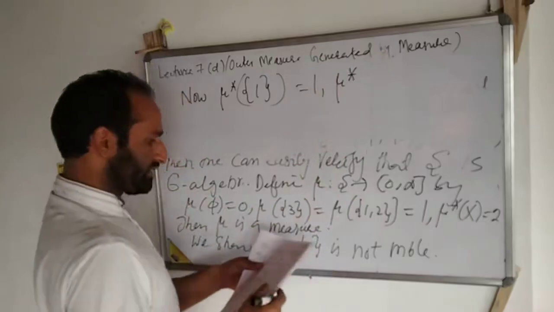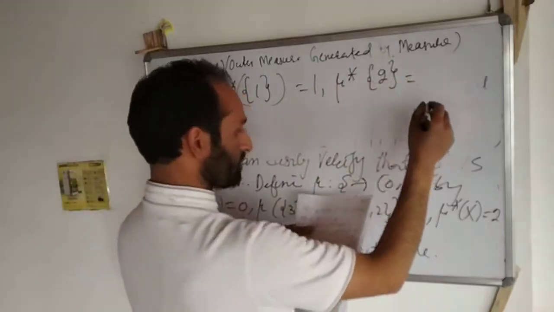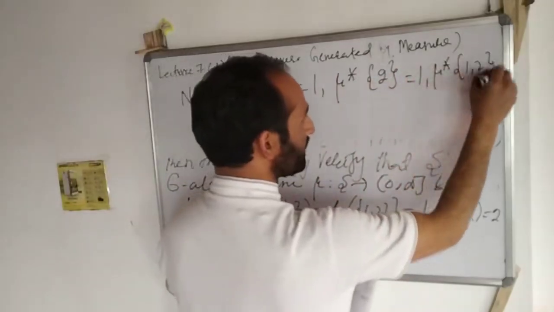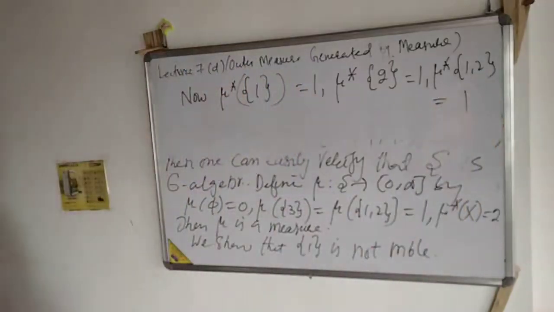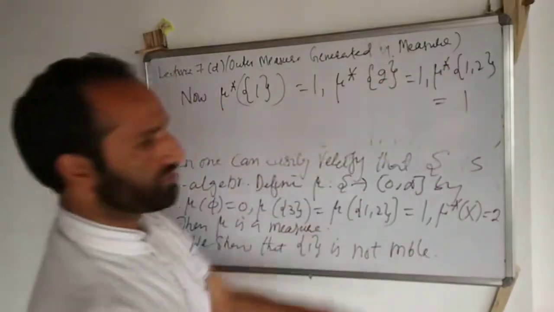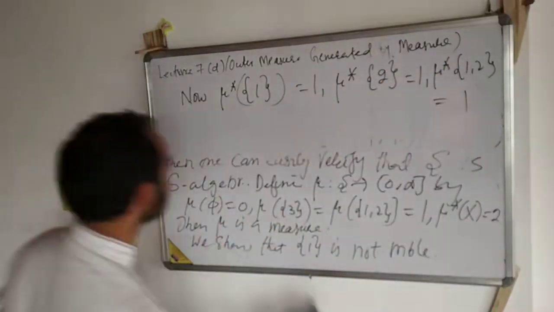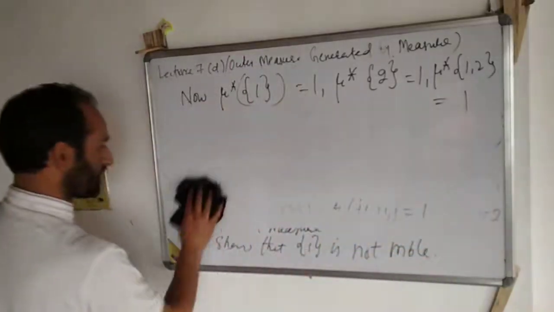The outer measure of the set {2} is also equal to 1, and the outer measure of the doubleton {1, 2} is also equal to 1, because you have to take the infimum over all the covers of those sets. So they are all equal to 1. You have to choose the cover from S.